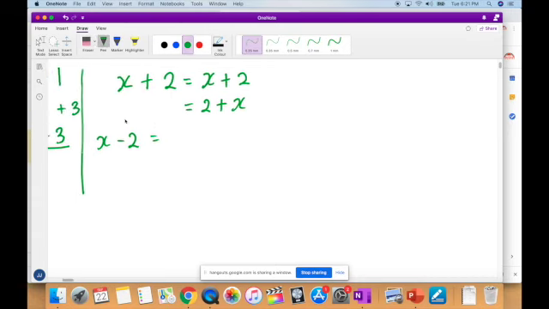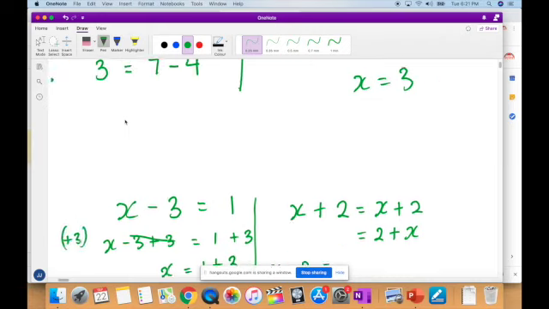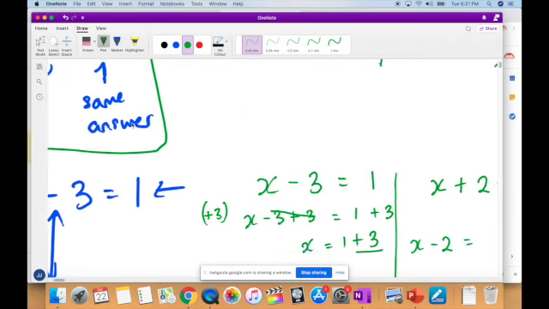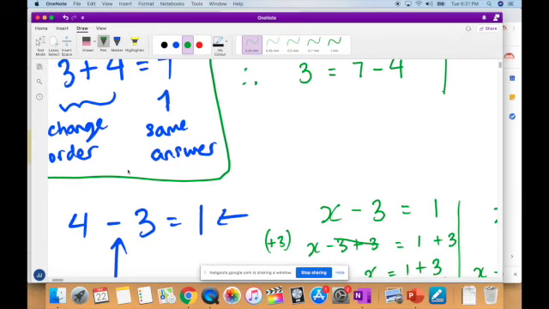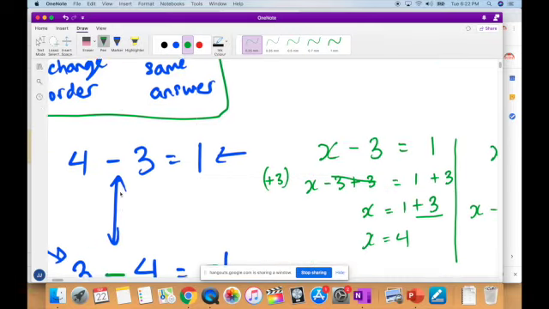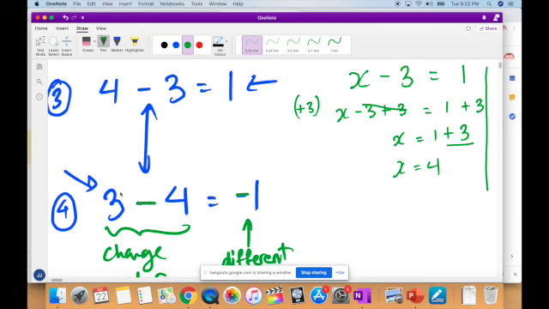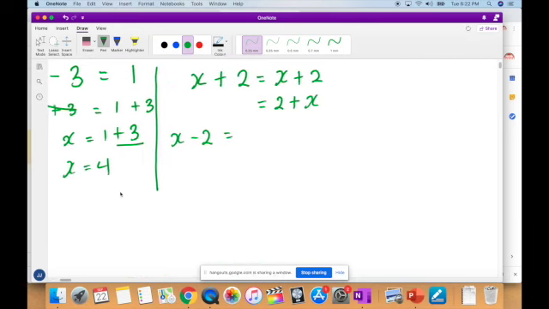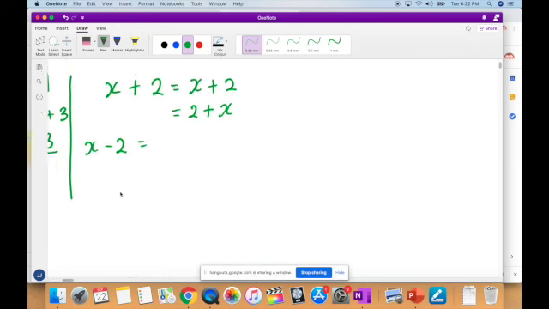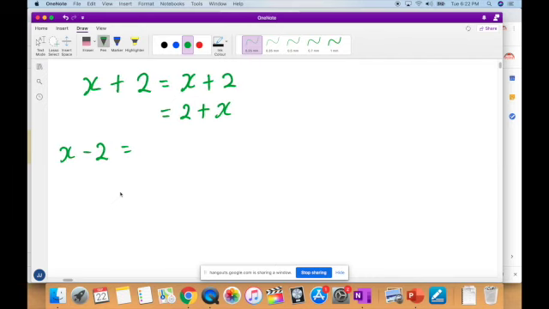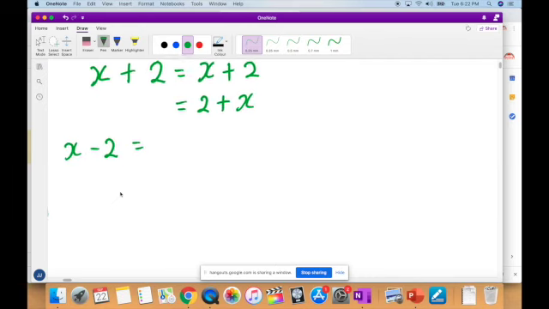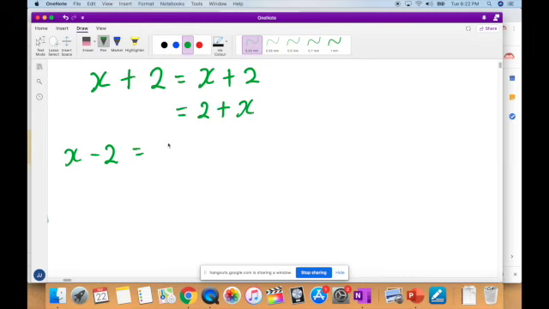Look at this here. Subtraction is not commutative. Remember that, Scotia? Yeah. So x minus 2 is just simply x minus 2.